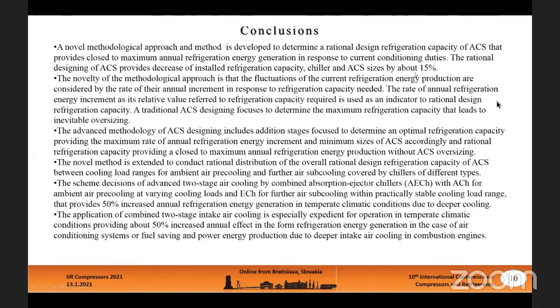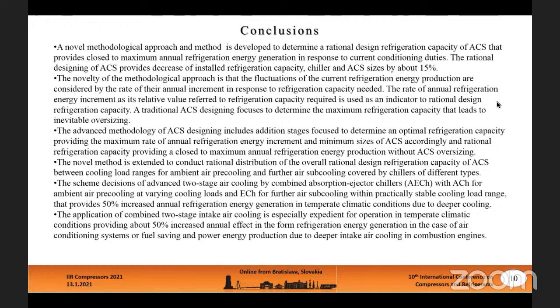The rational designing of an air conditioning system provides a decrease of installed refrigeration capacity, chiller and air chilling sizes. The novelty of the methodological approach is that the fluctuation of the current refrigeration energy production is considered by the rate of the annual increment in response to the refrigeration capacity needed.